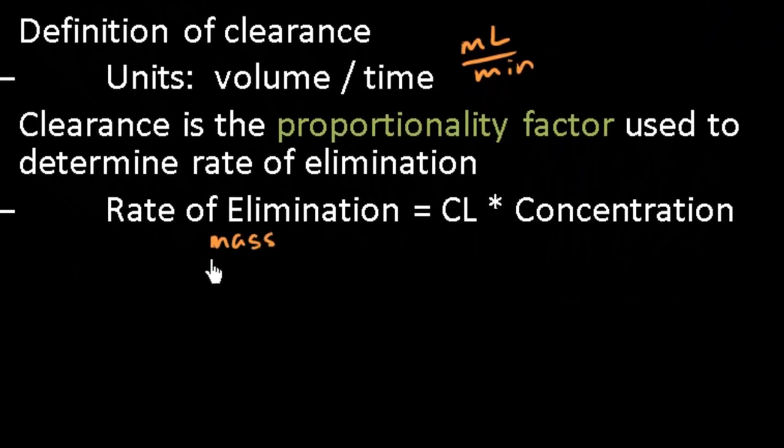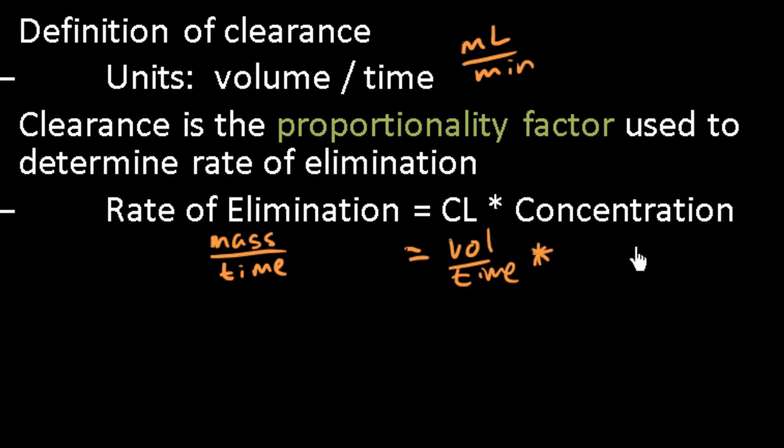We can think of the amount of drug as the mass of the drug, the milligrams of drug being eliminated per unit time, and that's going to equal the clearance, which we said is a volume per unit time, multiplied by a concentration.